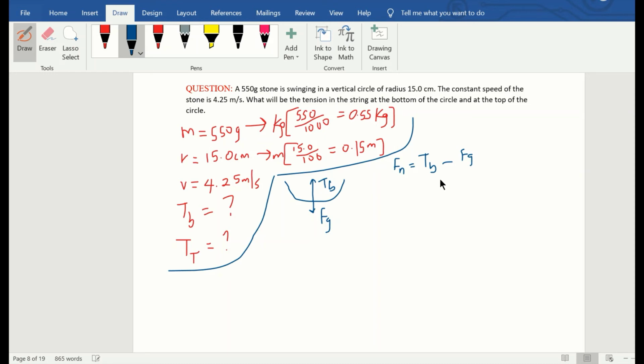So I can transpose, so we have tension at the bottom is equal to the net force plus the weight. And also I know that the net force is equal to mv squared over r plus the weight is mg.